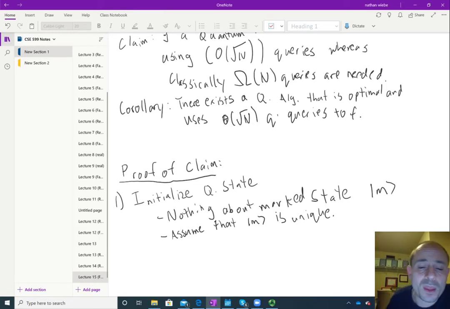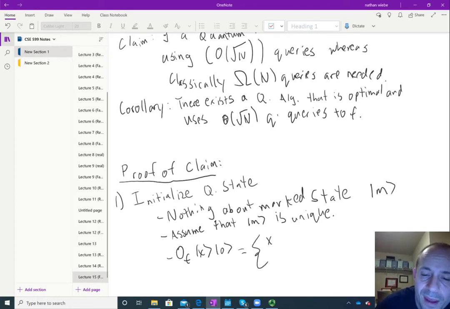And now, assume that we also have access to an oracle, a unitary oracle, OF, that will actually compute this search function. So for example, OF acting on x and 0 is equal to x 1 if x equals m, and x 0 otherwise.